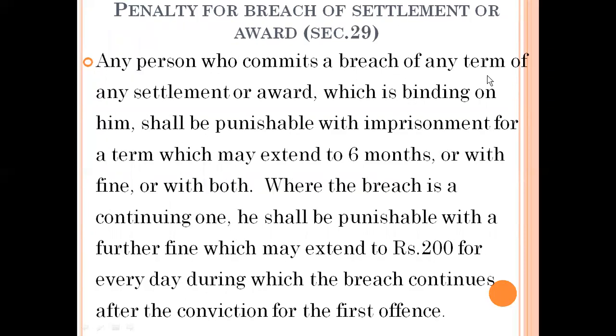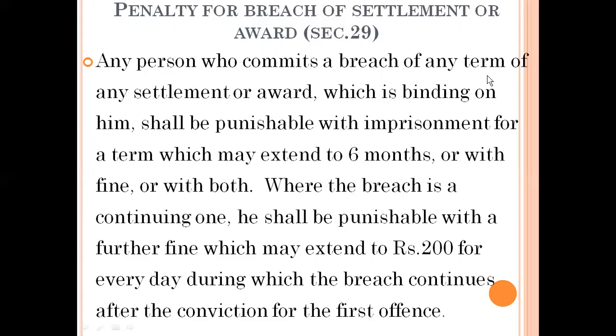Then penalty for breach of settlement or award, section 29. Any person who commits a breach of any terms of any settlement or award which is binding on him shall be punishable with imprisonment for a term which may extend to 6 months, or with fine, or with both.